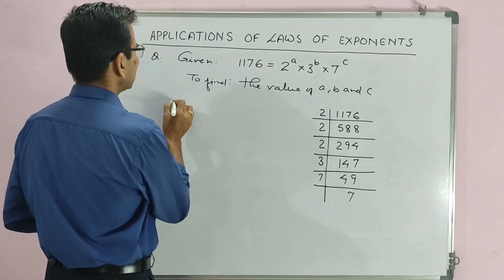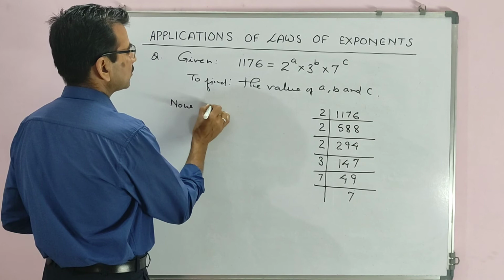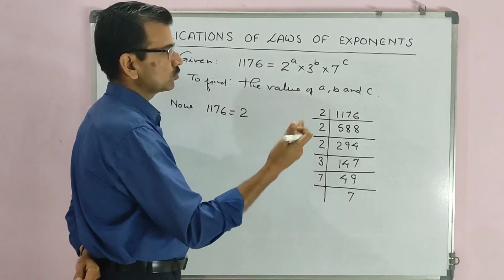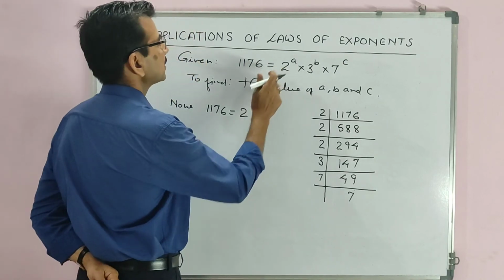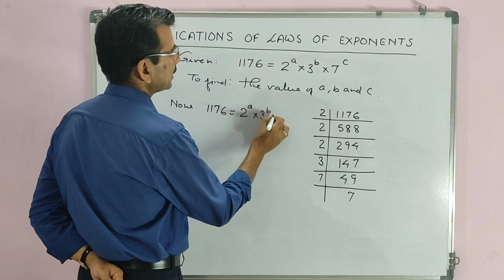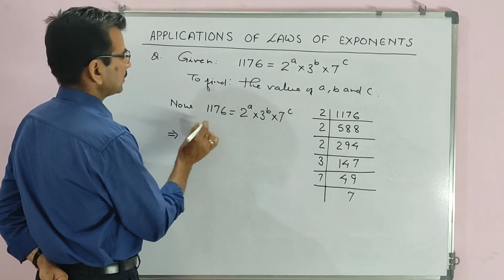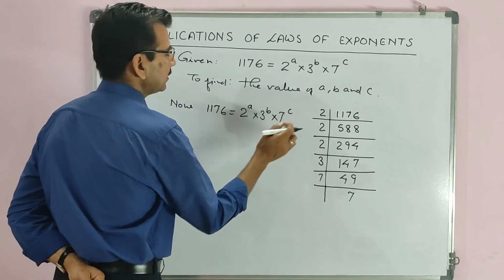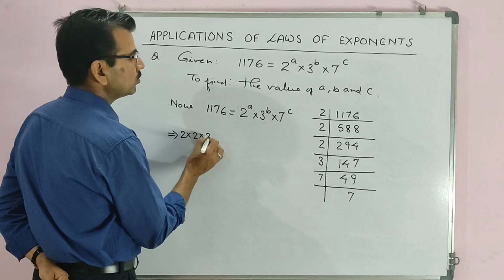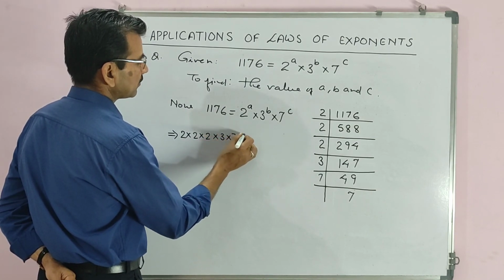So we write here now 1176. Let us write once here to show the continuation of the steps. 2 raised to power a into 3 raised to power b into 7 raised to power c. And now for this number we show 2 into 2 into 2 into 3 into 7 into 7.